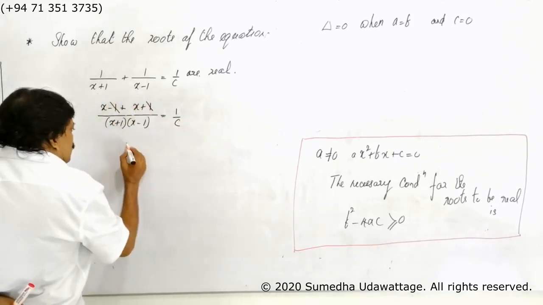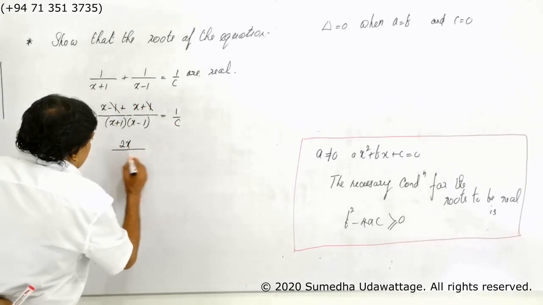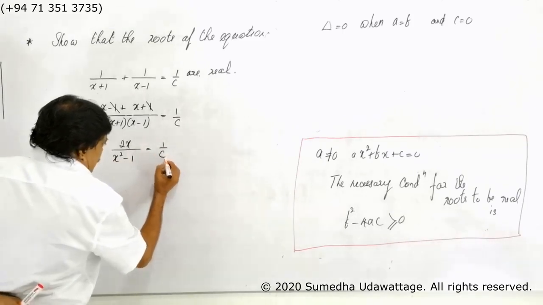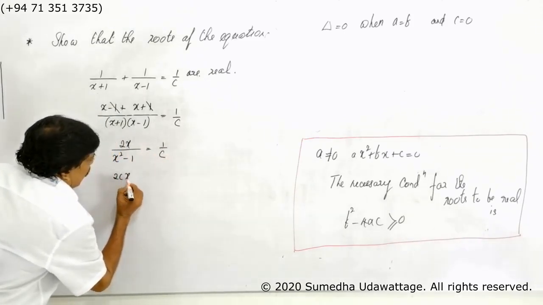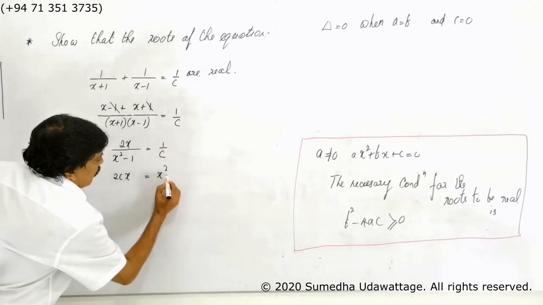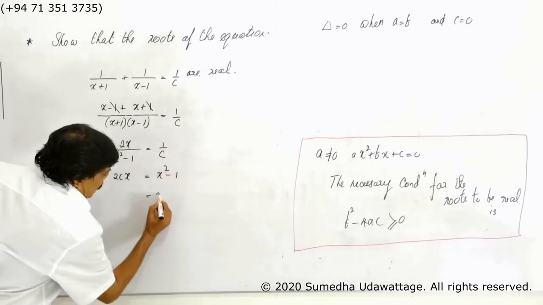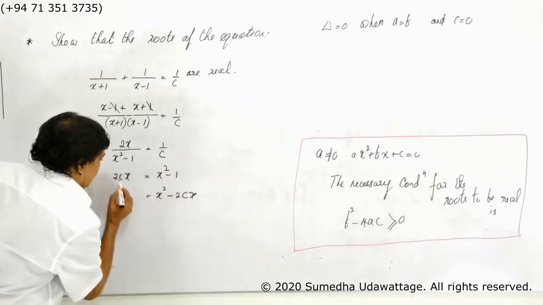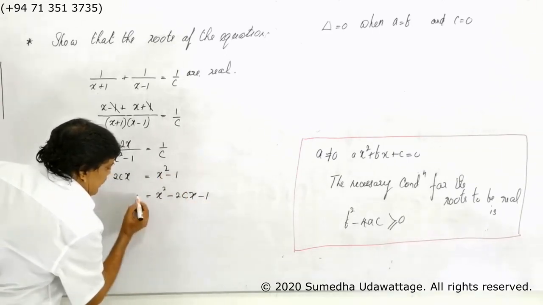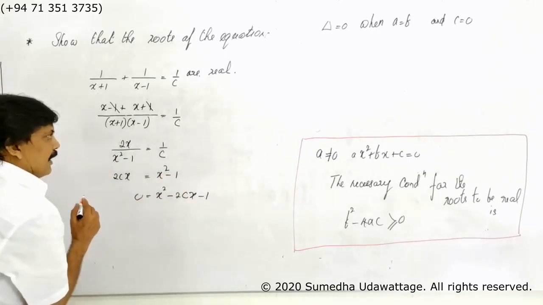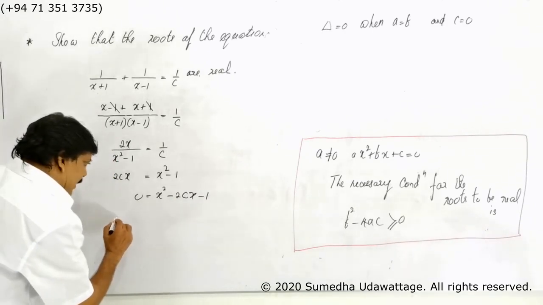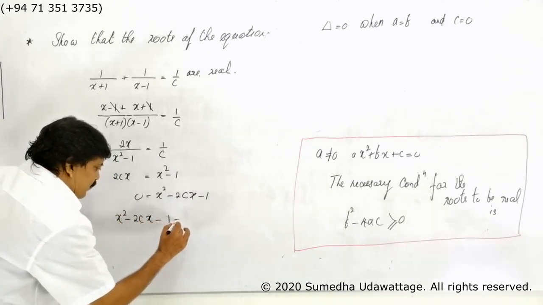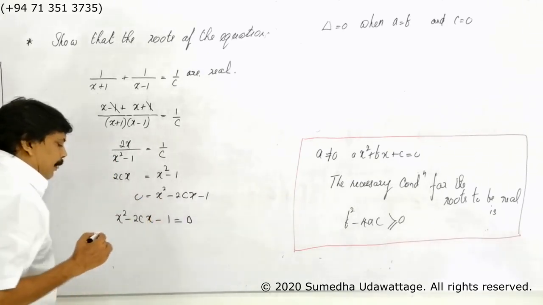Minus 1 plus 1 goes off. 2x divided by x square minus 1 is equal to 1 over c. You cross multiply. Let it be x square, and this 2cx brought this way, minus 2cx minus 1 is equal to 0. A better representation would be x square minus 2cx minus 1 is equal to 0.